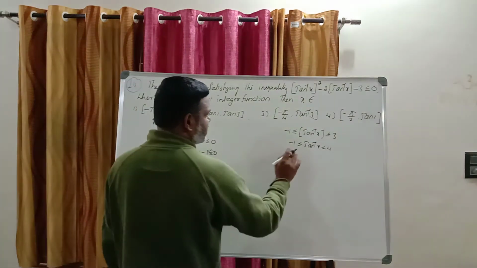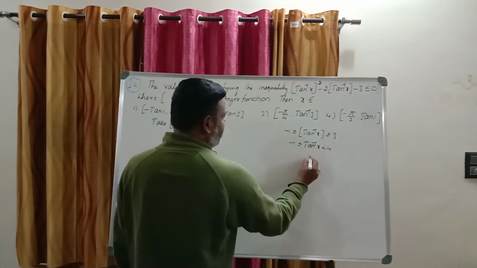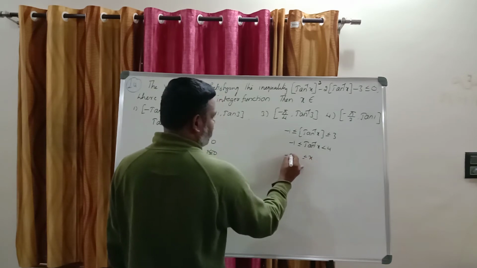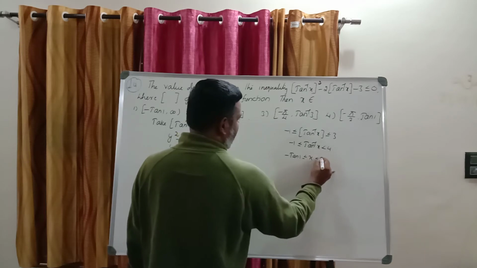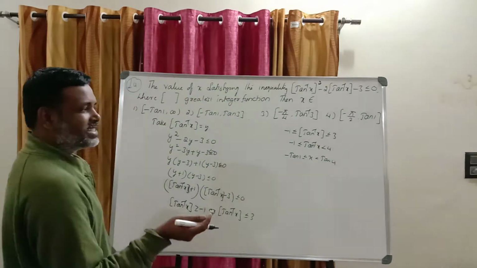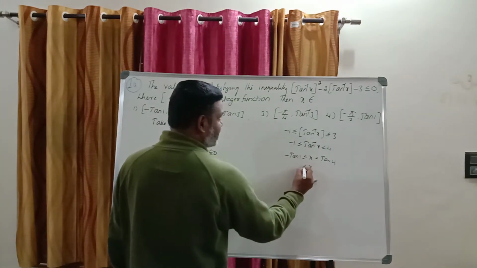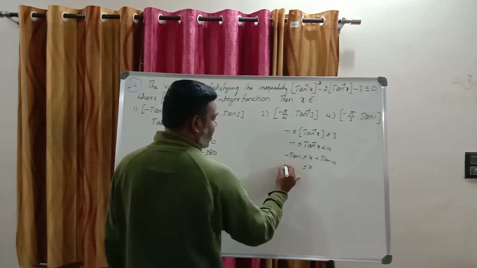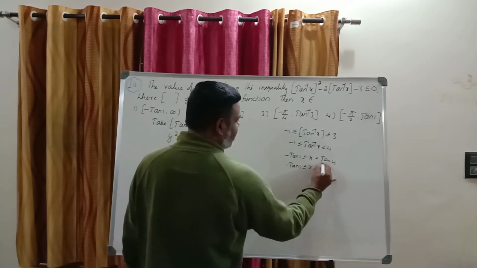And this tan inverse ನ ಎರಡು ಕಡೆ ಶಿಫ್ಟ್ ಮಾಡಿ, what becomes? x is greater than or equal to minus tan 1, less than tan 4, and less than tan 4 is nothing but less than infinity also. Okay, now this can be taken x is greater than or equal to minus tan 1 and less than infinity we can write.